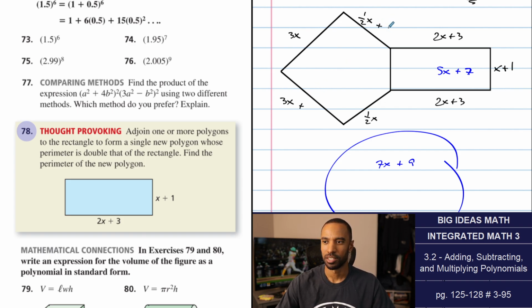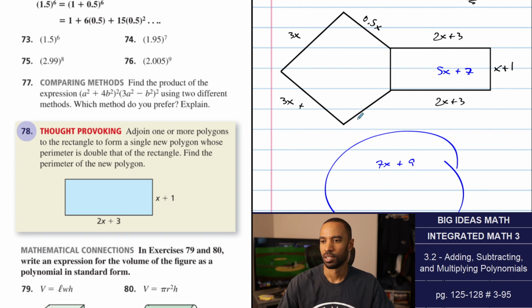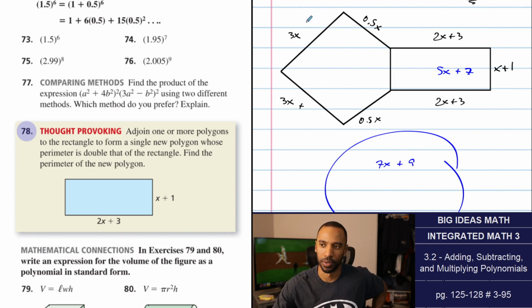Let's make these 3. Now, I'm getting boring with my numbers. Instead of 1/2 x, I write 0.5x. I'm getting too cute with this. 0.5x. 0.5x. I'm trying to make it all congruent looking.